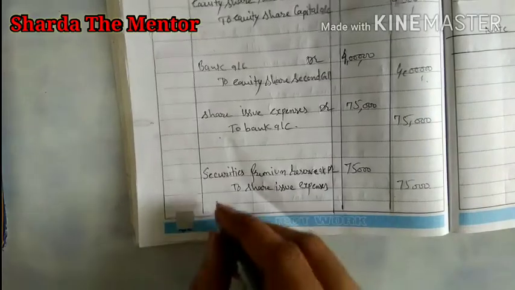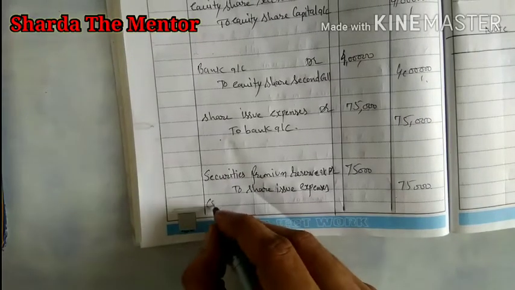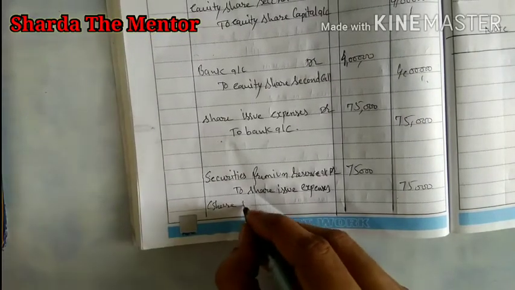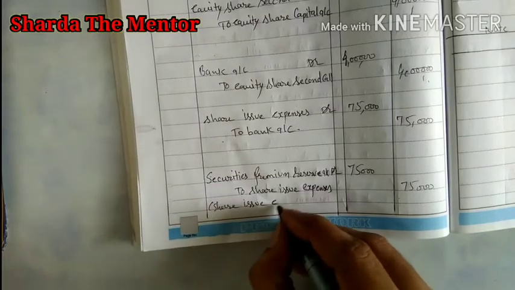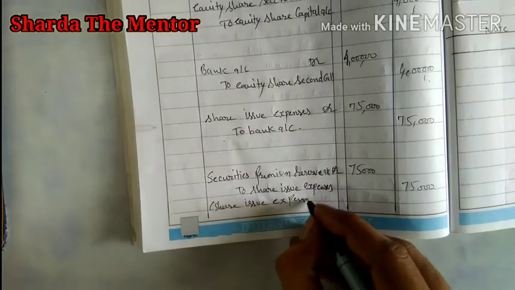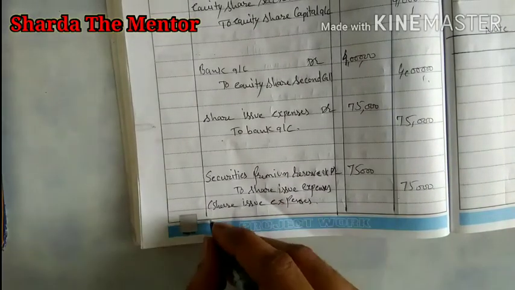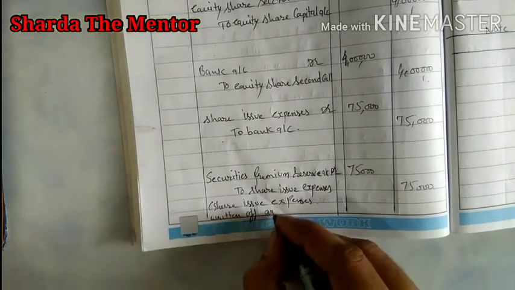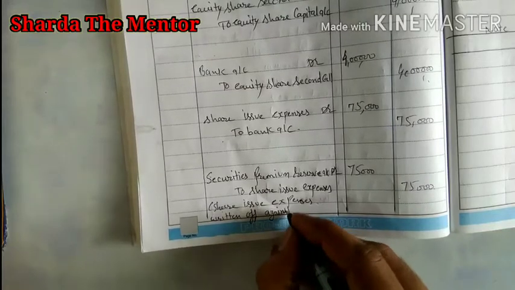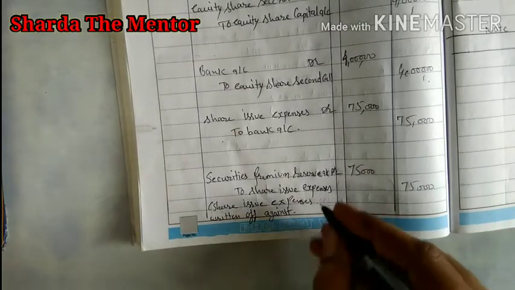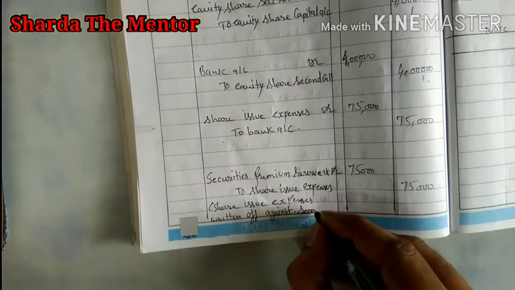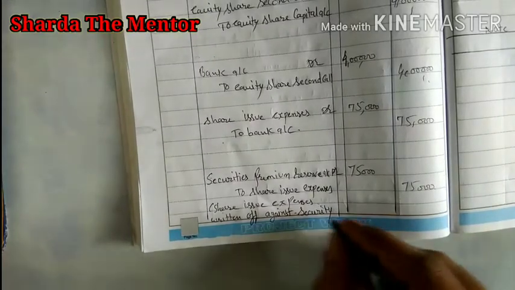We will mention the narration here: share issue expenses written off against security premium reserve.